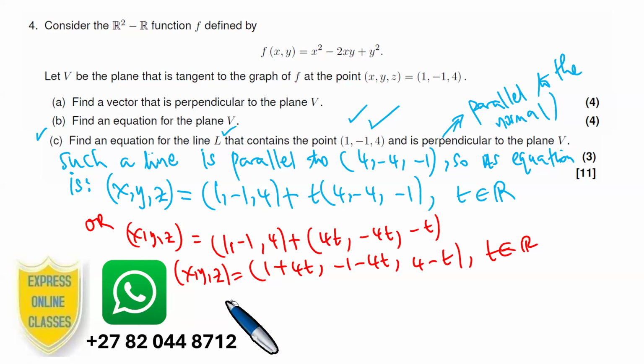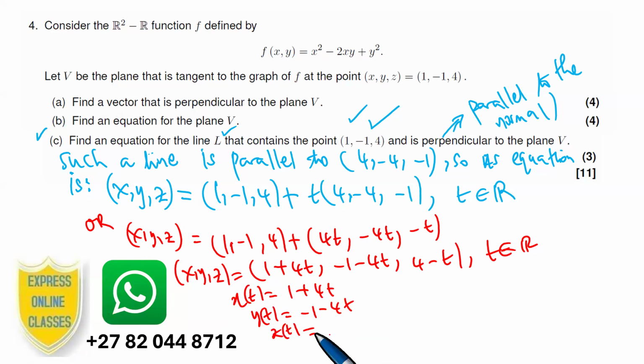Which means that x of t is the same as 1 plus 4t. y of t is minus 1 minus 4t. z of t is 4 minus t.